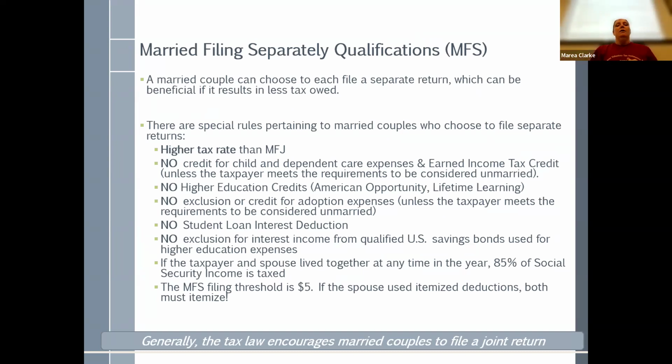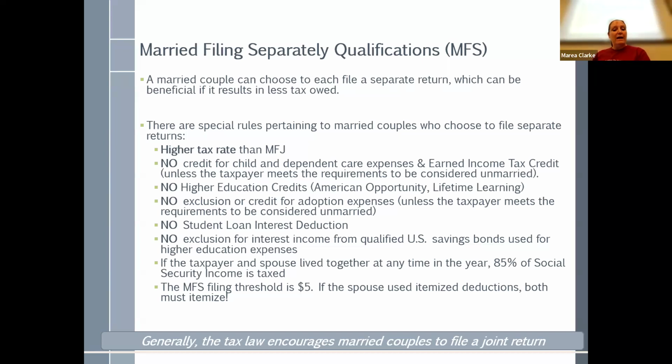All right. Married filing separate, so people can choose to file a separate return. It can be beneficial on certain occasions. Generally, the tax law is kind of tilted towards married couples filing a joint return together. However, there are special rules so that they can file separately if they want to.